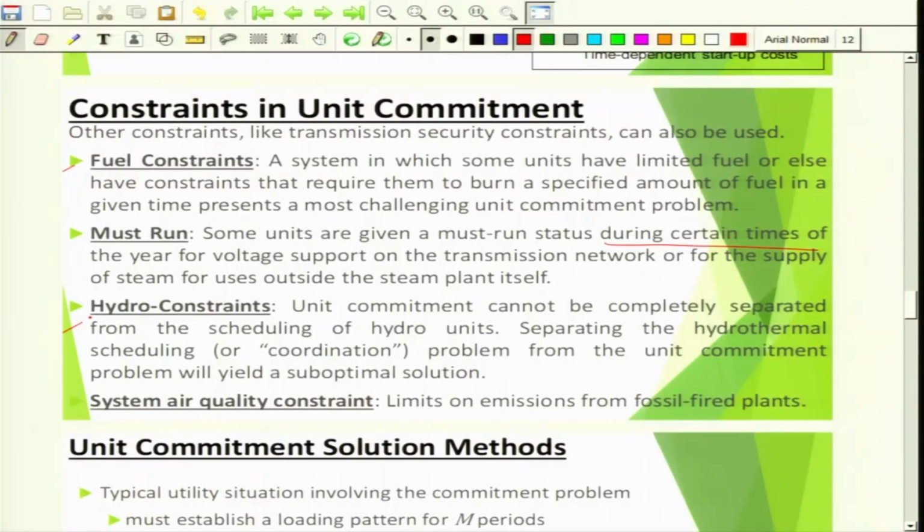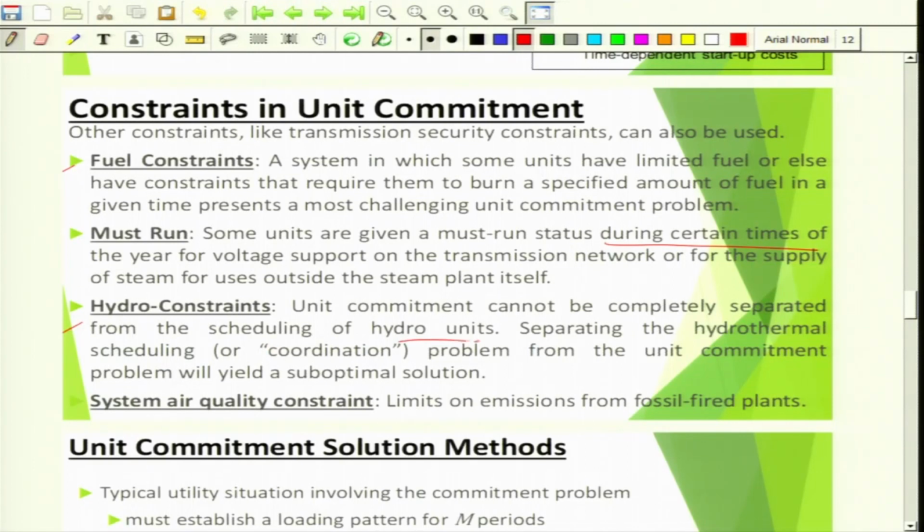And there is a hydro constraint. This economic dispatch problem is not just limited to thermal scheduling, there is also hydrothermal scheduling, because a hydro power plant is very important for any system. Without hydro you cannot meet the load demand, right.